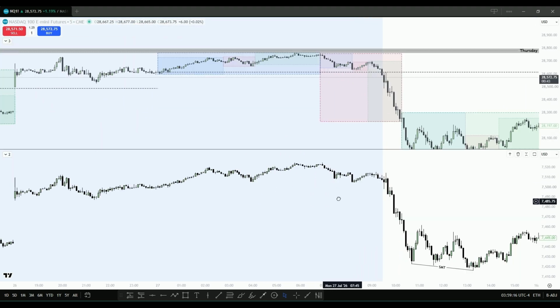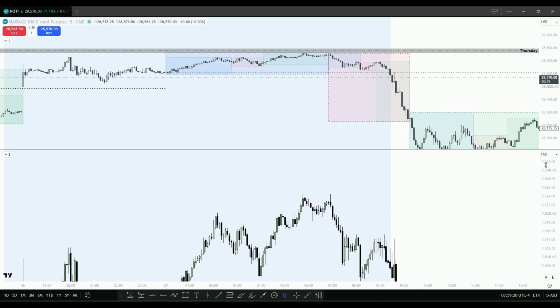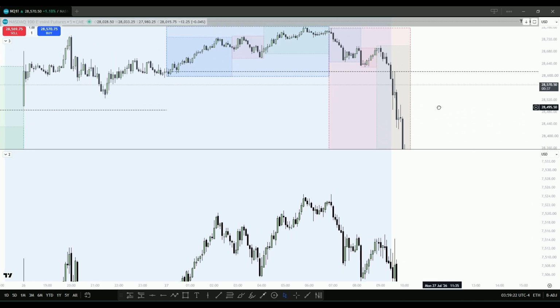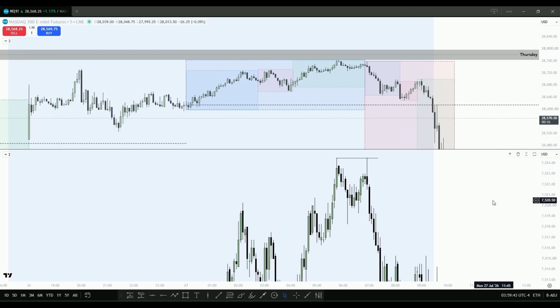let's see if we had a similar scenario before. So basically here NQ failed to take the high of accumulation cycle, and ES technically failed to take it.